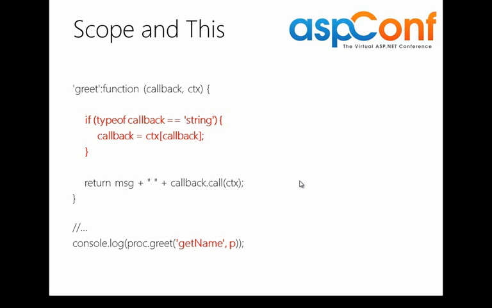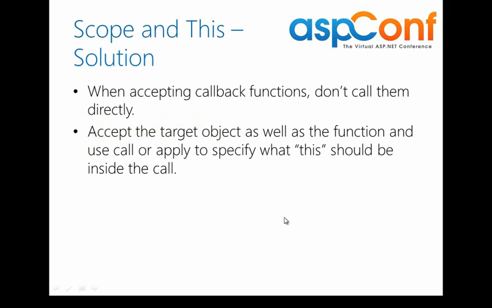We can check if the type of the callback is a string, and if it is a string, we can say callback is the callback property of the context object. And what that lets us do is pass in something that looks like this: proc.greet getName, comma p. So instead of doing p.getName, comma p, we're simply saying the getName function of the p object. So p will be the context and getName will be the function.